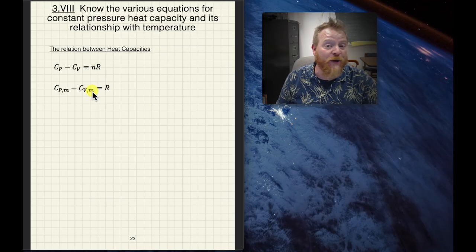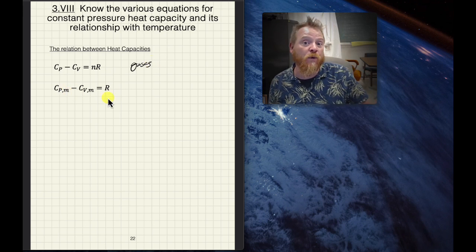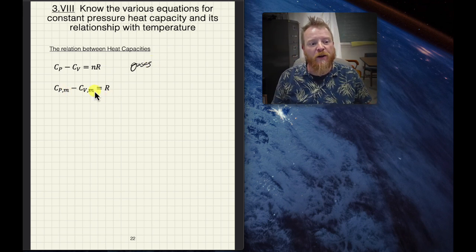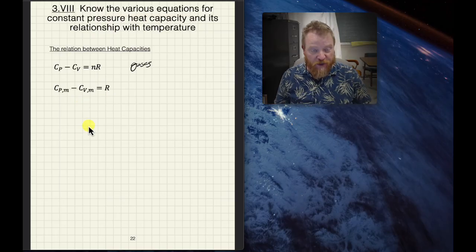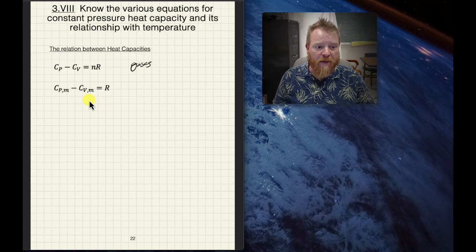Okay. So as it turns out, Cp and Cv are approximately equal for liquids and solids, but very different for gases. Okay, so you can see Cp minus Cv equals nR for gases, or Cpm minus Cvm equals R. So there's a pretty cool proof that we can do to prove this, and we're going to come back to that later on here.